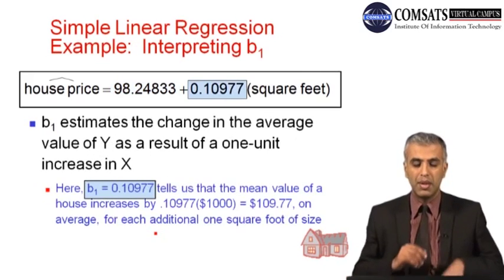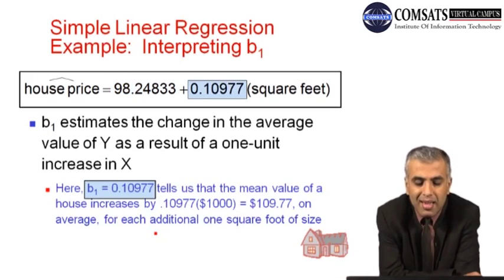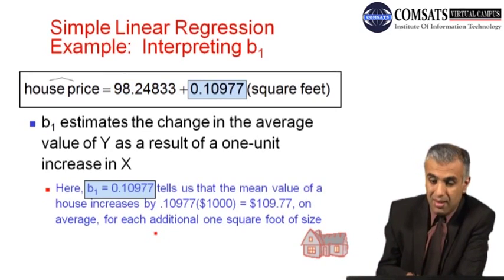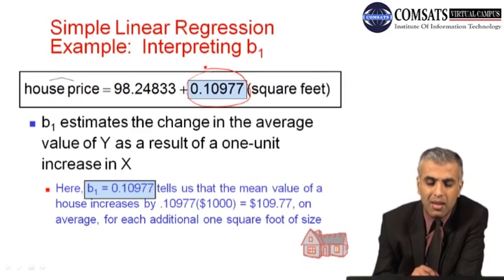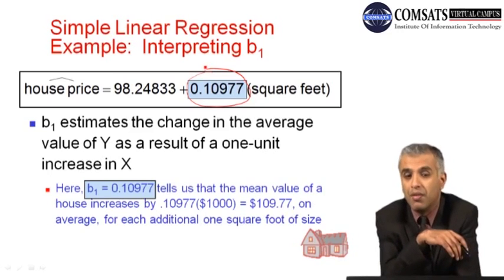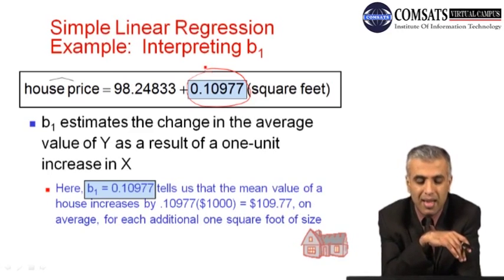Now in B1 you can see that there is a value of 0.10977. This is the regression variate, as they say, and it estimates the change in the average value of y as a result of a 1 unit increase in x.